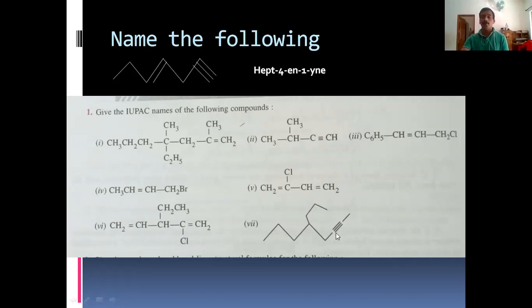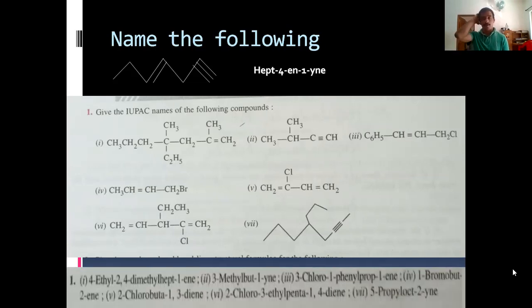There is a substituent in the fifth carbon atom. What is the substituent? 1, 2, 3, a propyl group. 5-propyl oct-2-yne. So these are the answers.